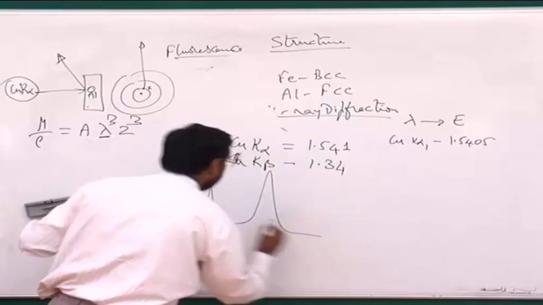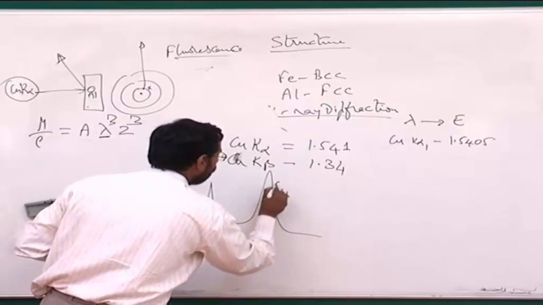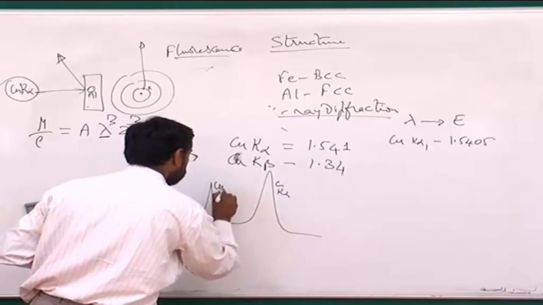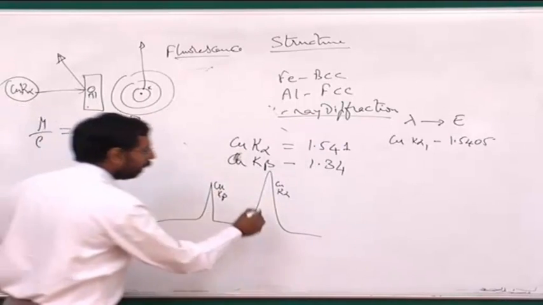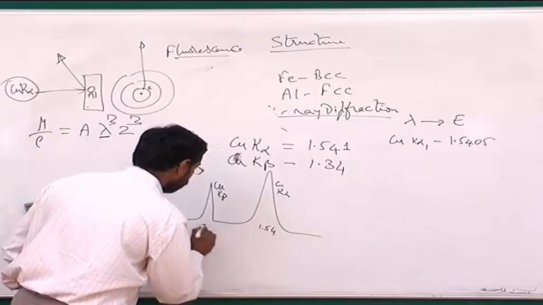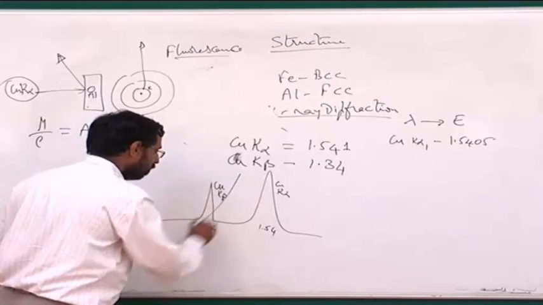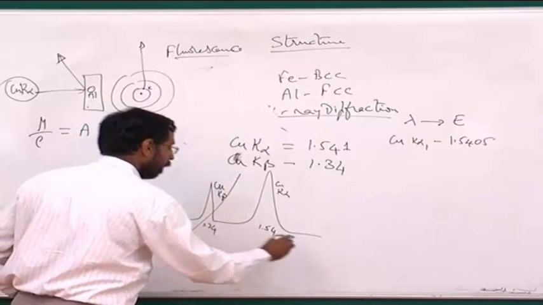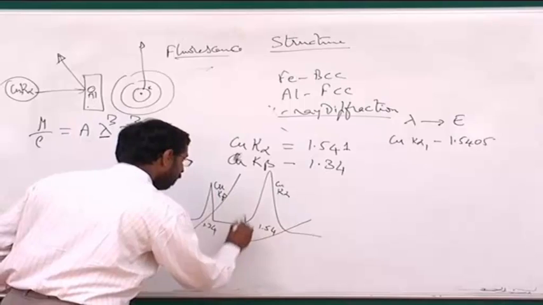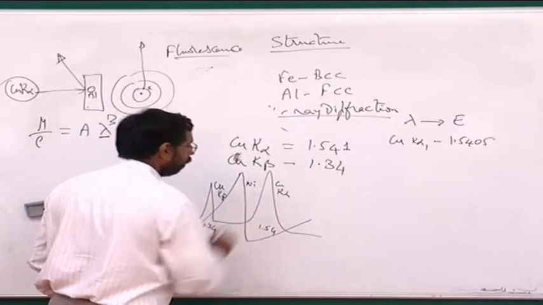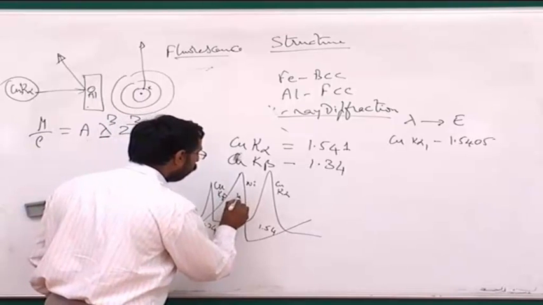This is K alpha of copper, K beta of copper. This is approximately 1.54, this is approximately 1.34. And I choose a filter which is a nickel filter, which has a KH around 1.45.